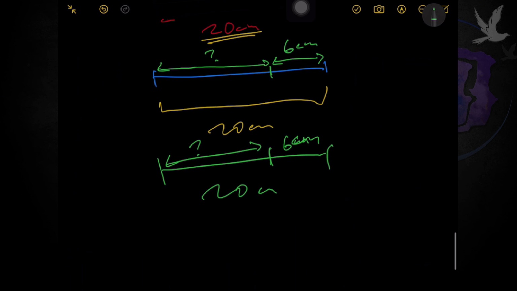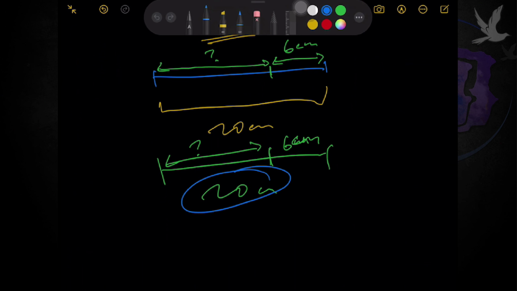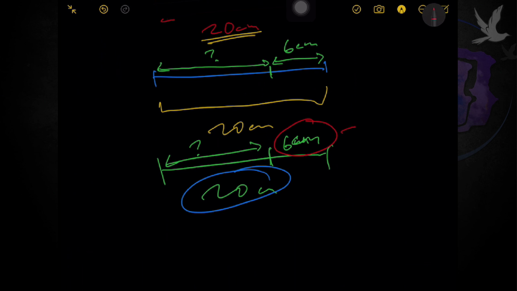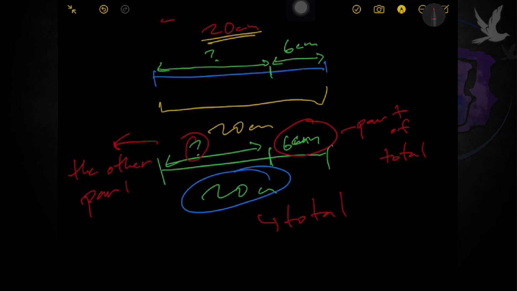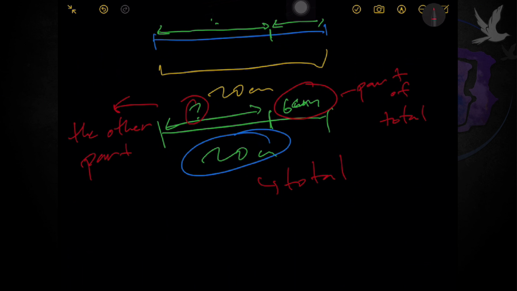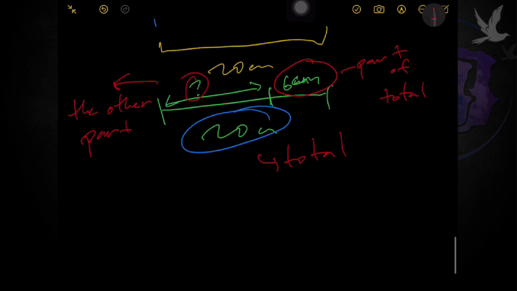When a total is given, if you have the total and part of it is given, and what is missing is the other part of the total, all you have to do is subtract. Straight to the point. Okay, subtract.